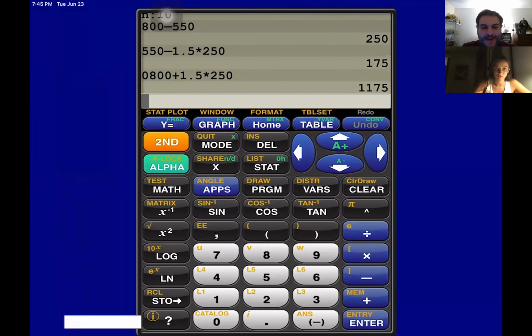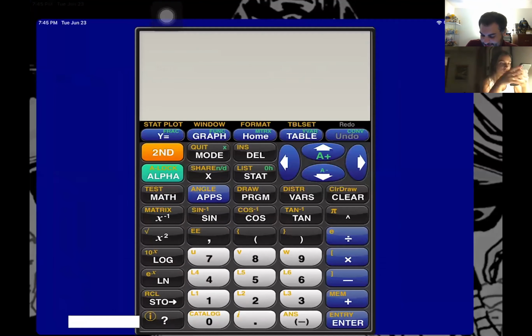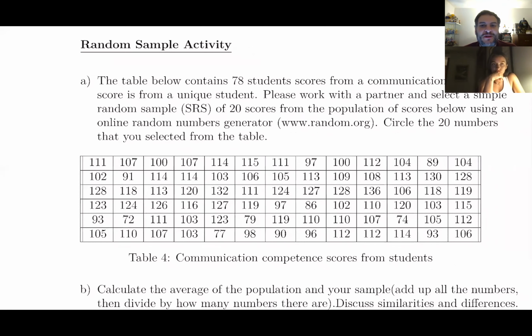All right, so hopefully by now you have a TI emulator on your Android or your Apple, or if you have the TI-83 or 84, just use it. So if you look at this one, how big of a population size do we have?